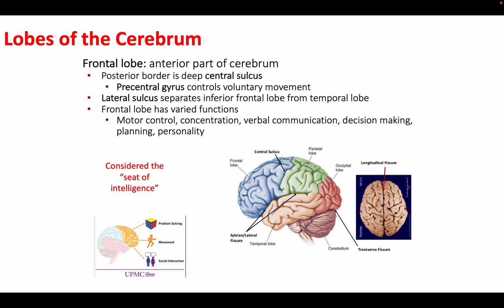You may slur words, you may talk differently, so verbal communication. Your decision making, your critical thinking, your planning ability, are all altered, and obviously your personality changes as well, okay? So one really good way to learn functions of different parts of the brain is to know what happens to that part of the brain when it is inhibited or when something goes wrong, okay?